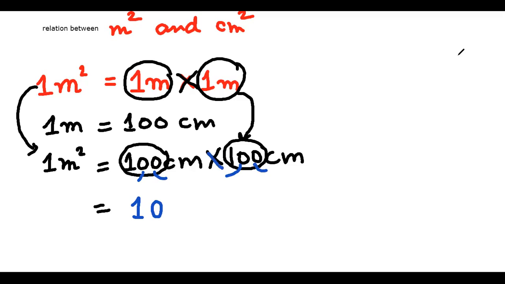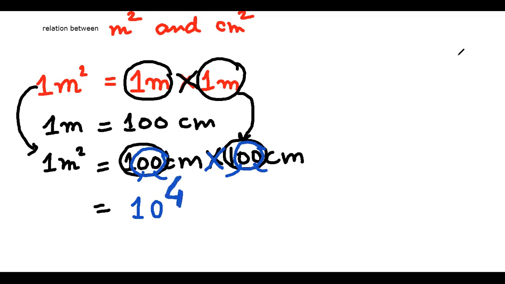Whenever you are having a sign of multiplication, you just count the number of zeros. So the answer will be 10 raised to power 4.